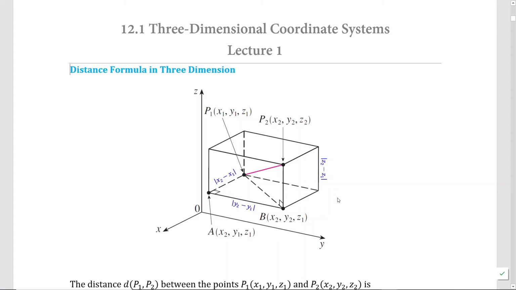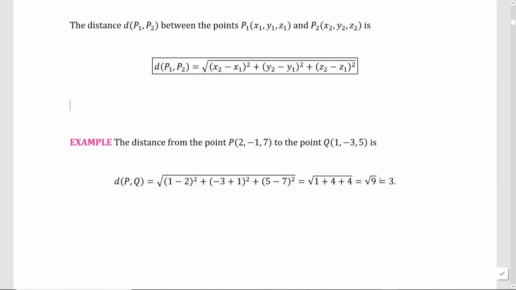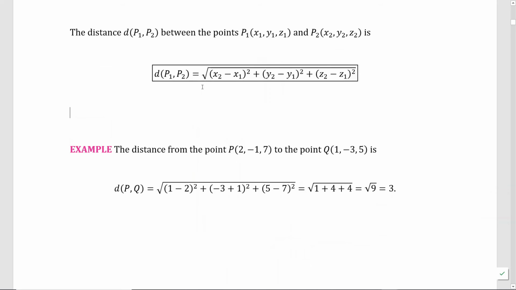So let's sum this up. This distance is the absolute value of x2 minus x1. This distance is the absolute value of y2 minus y1. And this distance is the absolute value of z2 minus z1. So in the end, the distance between these two points is given by this formula as shown in the box.